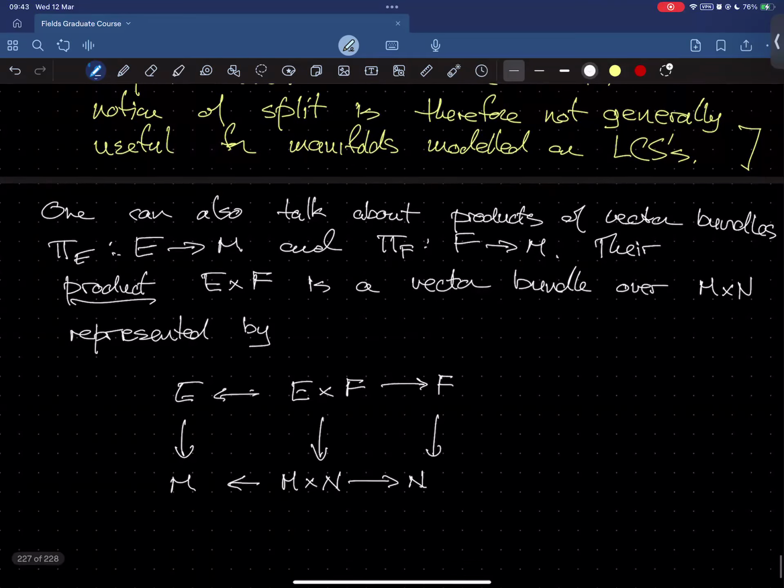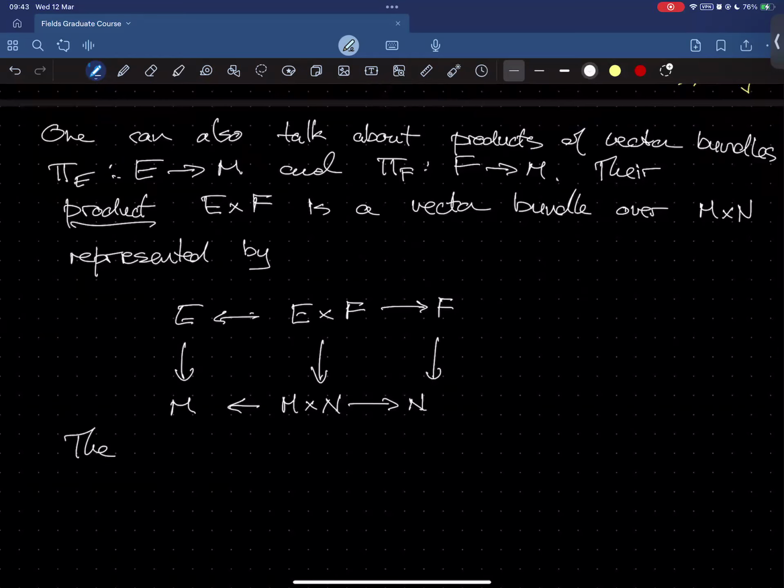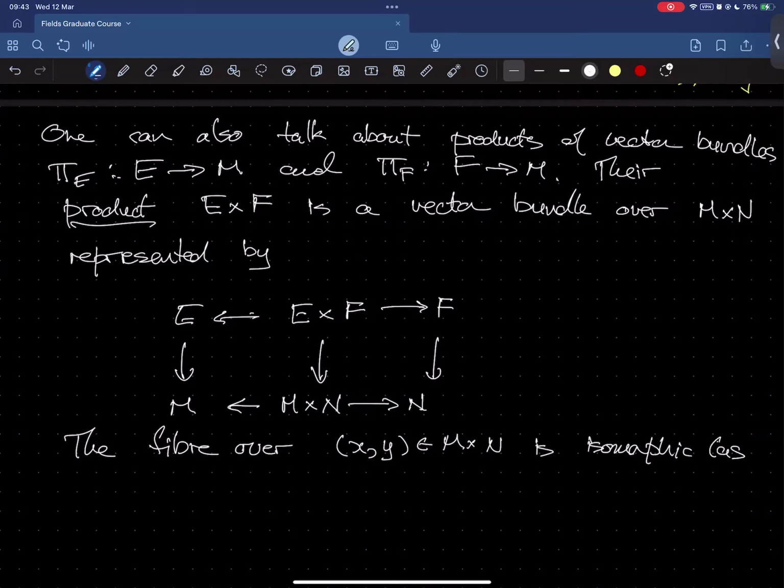And so the fiber over X and Y in M cross N is isomorphic, as a locally convex space, to... sorry, I need a symbol here.